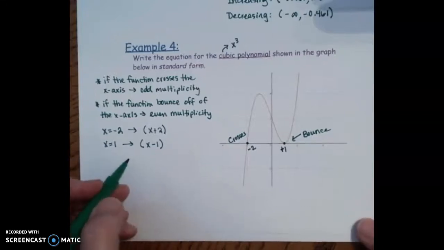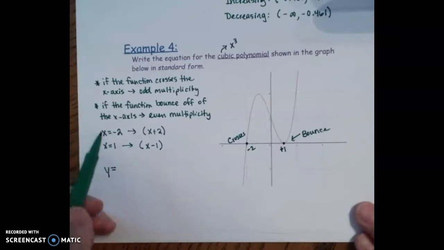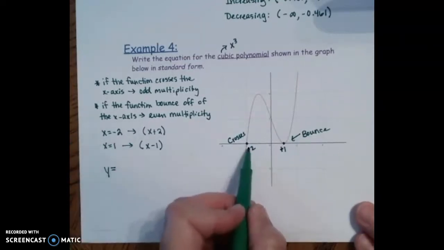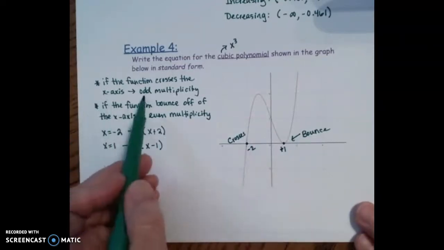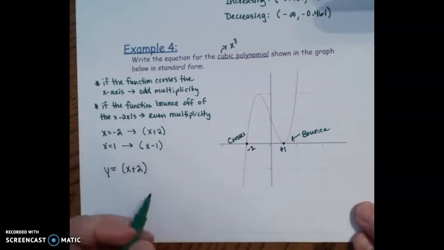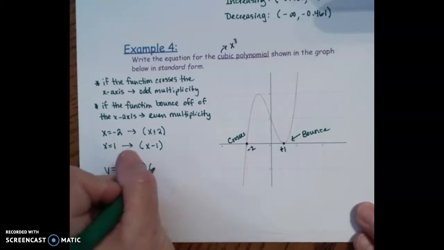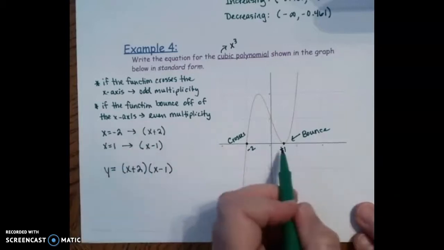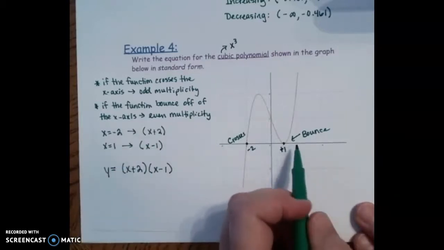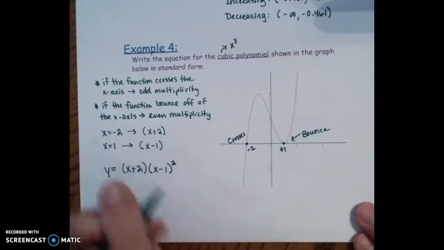Now let's go write our polynomial. If it crosses, it's going to be odd multiplicity. So I'm going to take that x plus 2 and leave that to the first power because that is odd multiplicity. Then I'm going to take that x minus 1, and it needs to be an even power, so I'm going to square that.